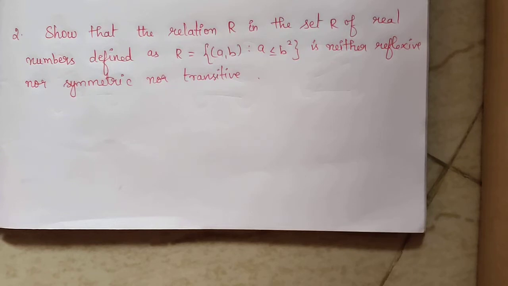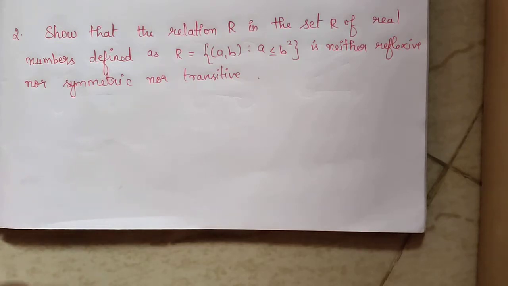By showing each and every element belongs to R, we can show that it is reflexive, symmetric and transitive. If we have to prove that it is not, we have to check at least one ordered pair does not belong to the relation, then only it is not reflexive.